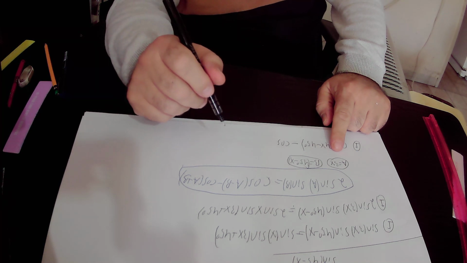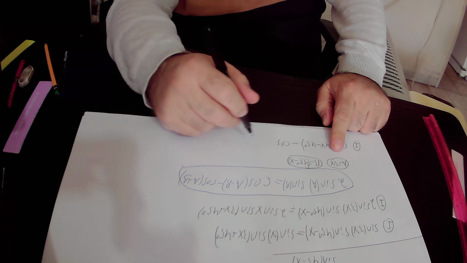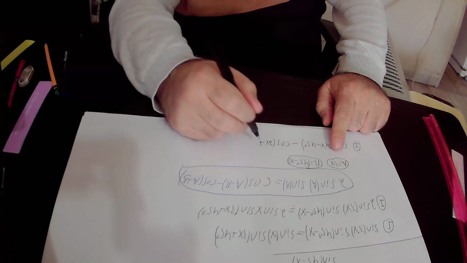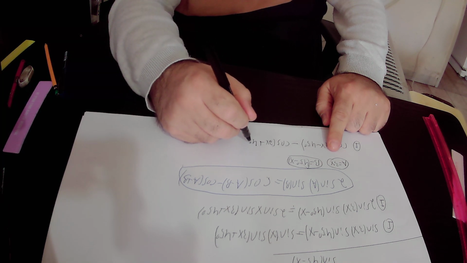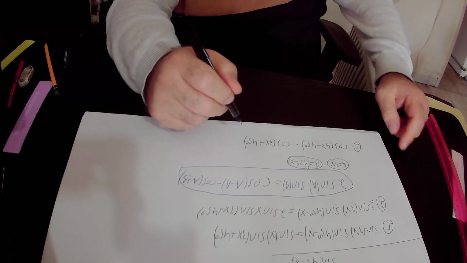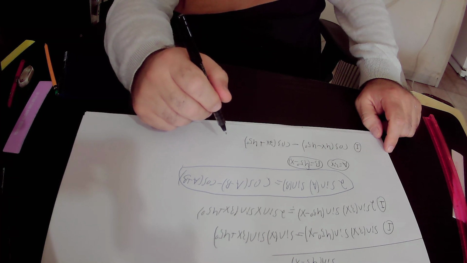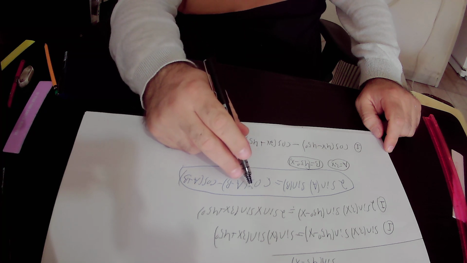So 3x minus 3x is 2x plus 45 degrees. We finished with the first part of equation number 1. Now we will go to the second part.